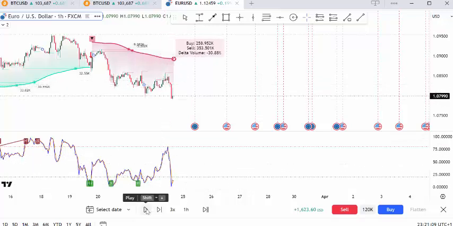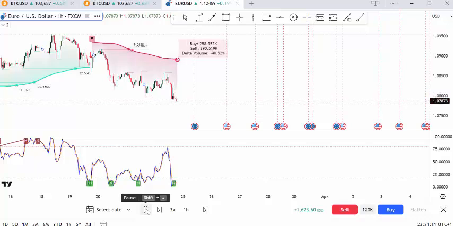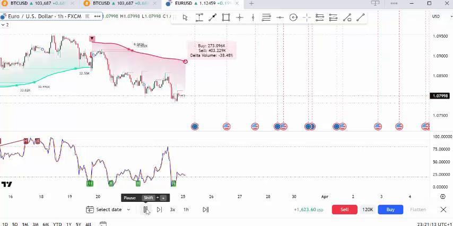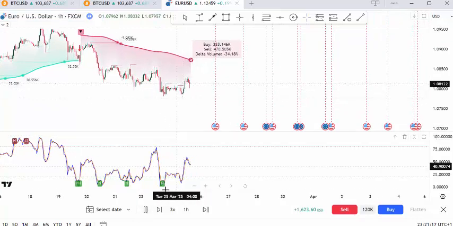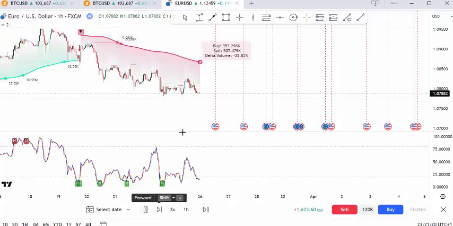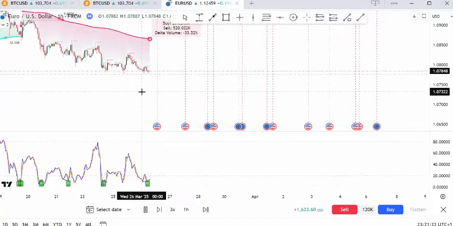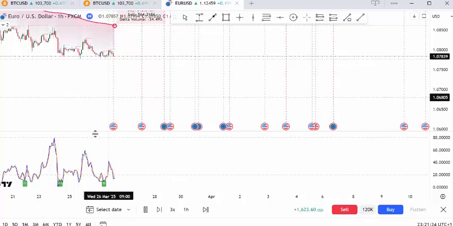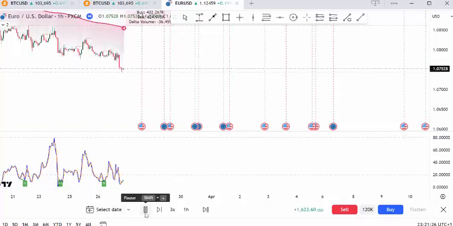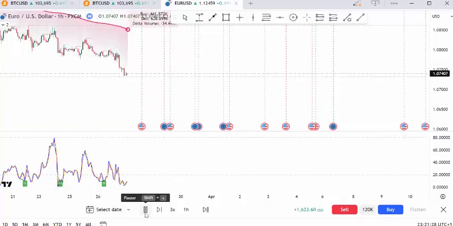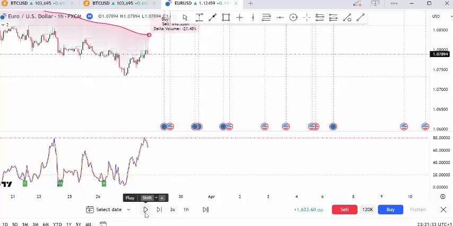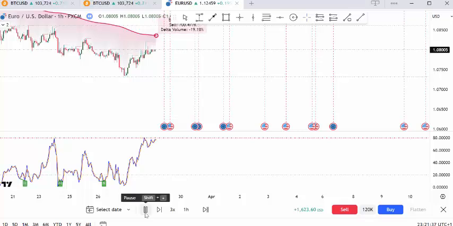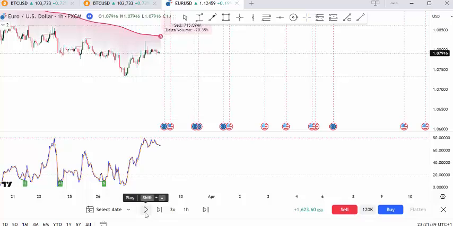So I'm waiting for bearish divergence. Okay, bearish divergence is taking a little time. Okay, I have to start thinking because I feel like a bearish divergence was still about to come.